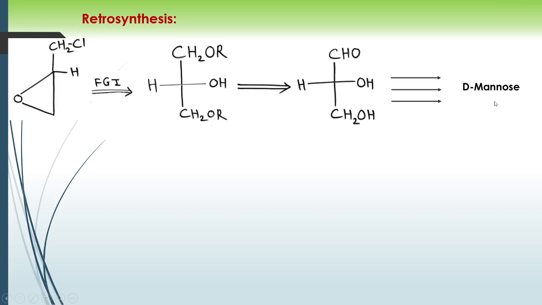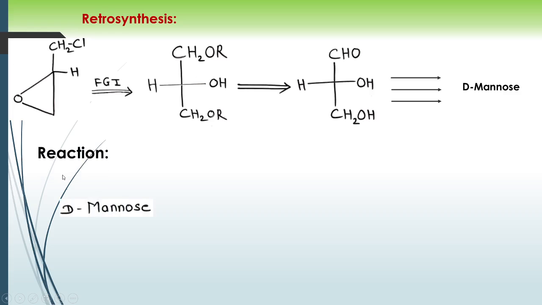By using this D-mannose we can synthesize the R and S-epichlorohydrin. This is nothing but the retrosynthetic analysis for epichlorohydrin, and in examinations this retrosynthesis is asked for half a mark.